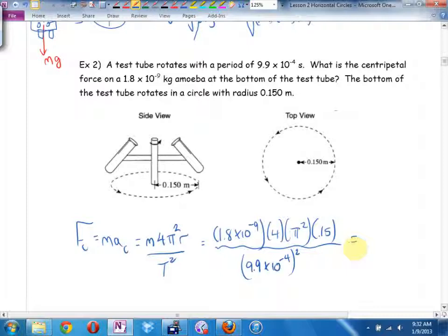This is the unit where you really want to practice typing this stuff into your calculator. Specifically, you want to know if your calculator can even handle a pi squared. Some of you might have to type pi times pi. Some of your calculators won't like a squared after a pi. And practice squaring scientific notation.